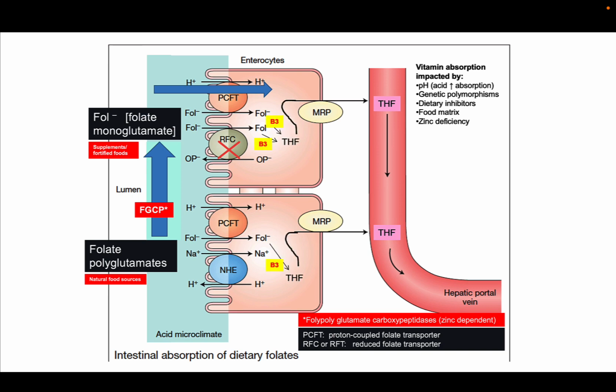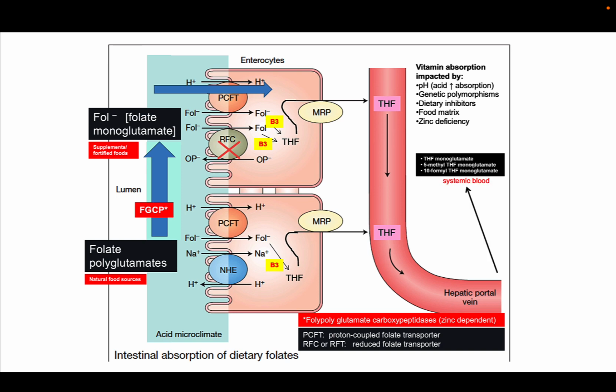And within the cell, remember that we want this to get to the di and tetrahydrofolate form. So we want to reduce the molecule down by allowing it to gain some extra electrons and hydrogens. And so niacin, or B3, in the form of NADPH, is responsible for that conversion inside the cells.